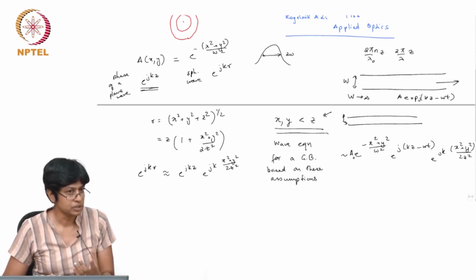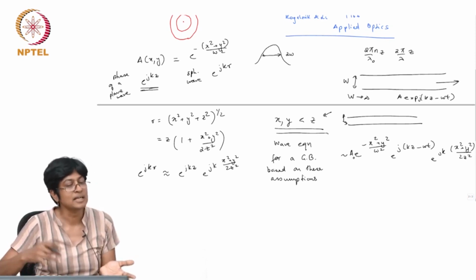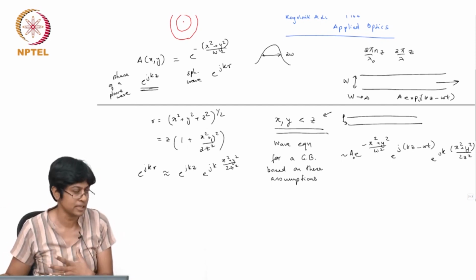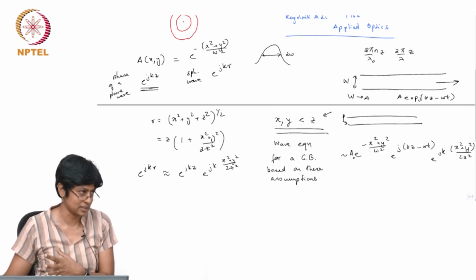The point you need to understand here is that many of those solutions you would have studied earlier were mathematically ideal solutions. They're not really what we generate in a lab. They're not really what emerges from a source like a laser.